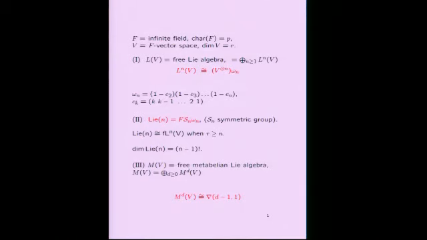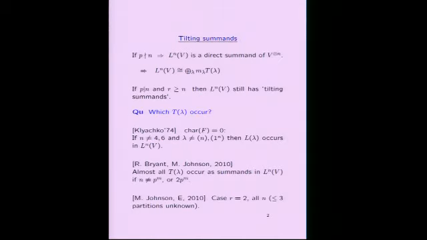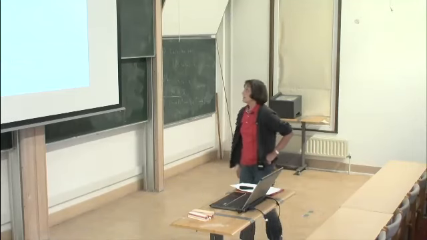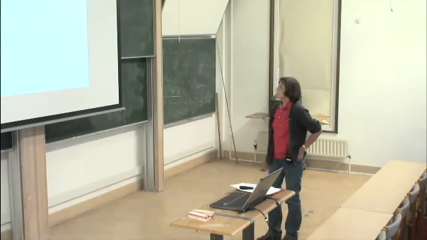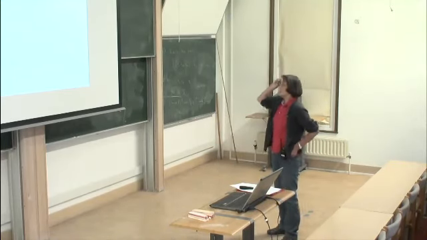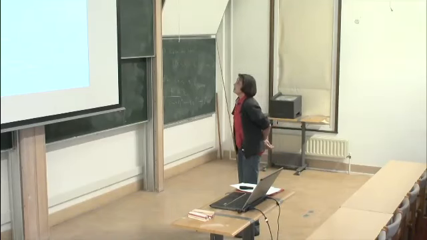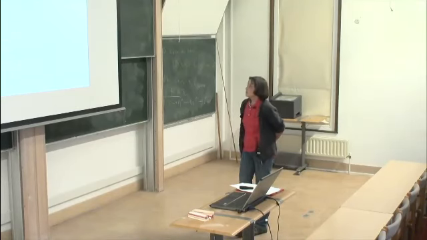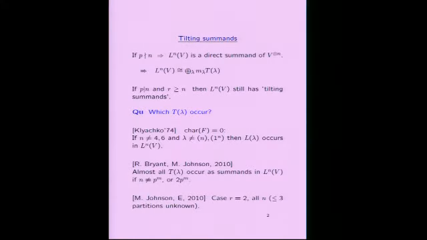And so that tells you that in that case you have a splitting. So L^n V is a direct summand of the tensor power, so it's a direct sum of tilting modules. And even if p divides n, then you still have summands which are tilting modules. As a first approximation, you might ask which tilting modules appear there.